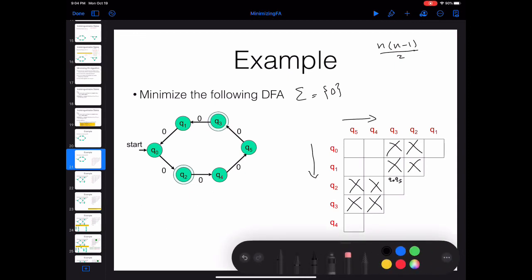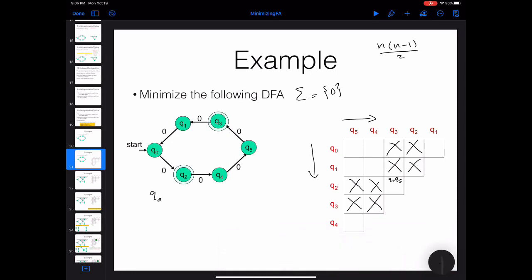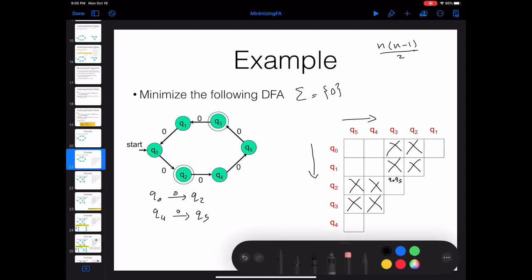The next cell that I'm checking is going to be the pair Q0 and Q4. Over the transition of 0 from Q0, I'm going to Q2. From Q4 over the same transition, I'm going to Q5. So the equivalency of this pair Q0 and Q4 is going to depend on the cell Q2 and Q5.